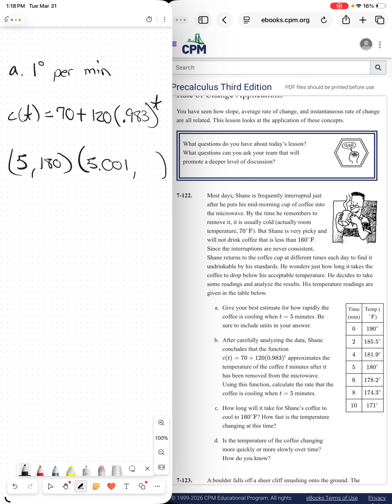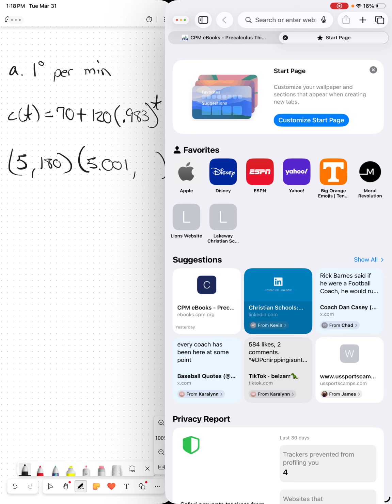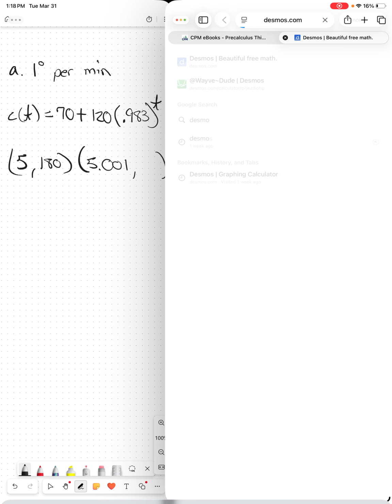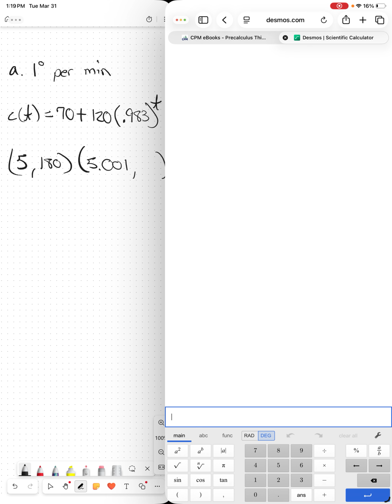Okay, let's see if I can get a Desmos scientific calculator up here. Let's go scientific, and let's see if we can do 0.983 raised to the 5.001, enter, times 120, enter.